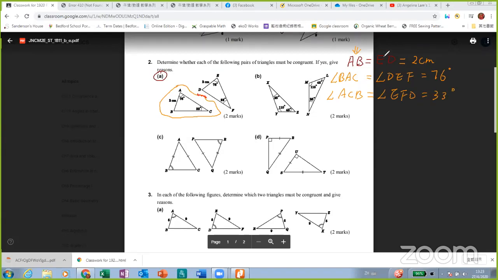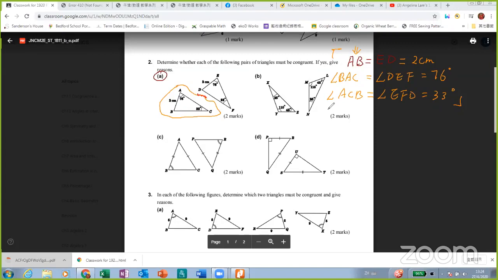This part means you just list out what you have seen in the diagram, what information you can see in the diagram. You just write it down here and list the information.